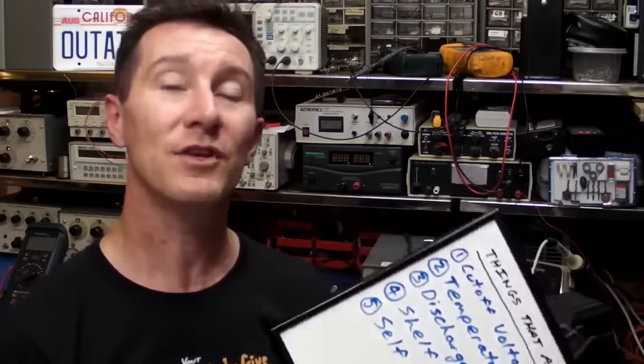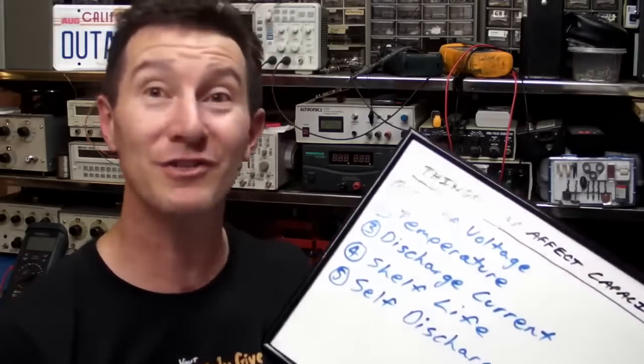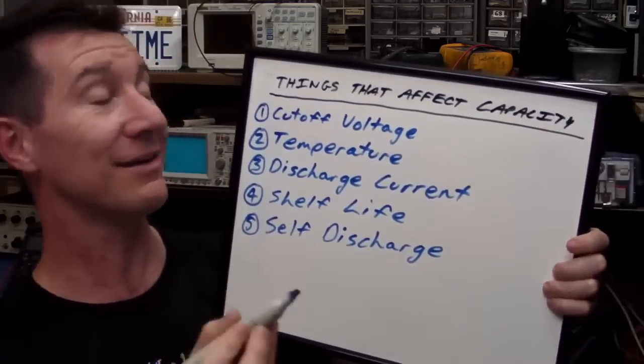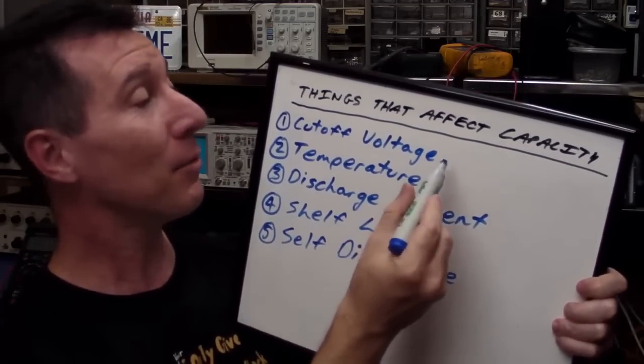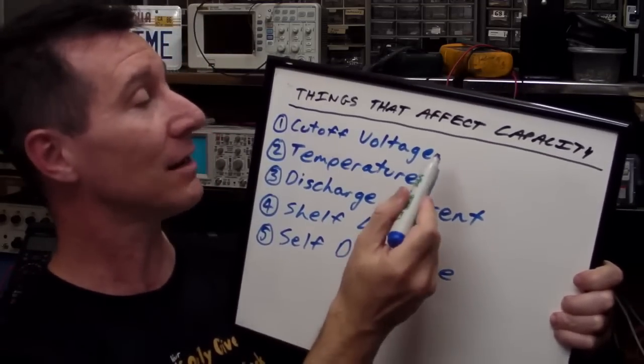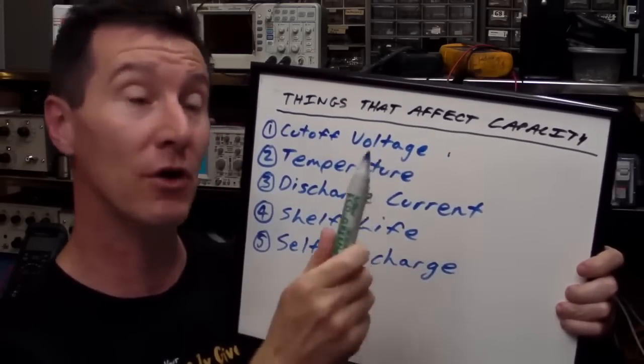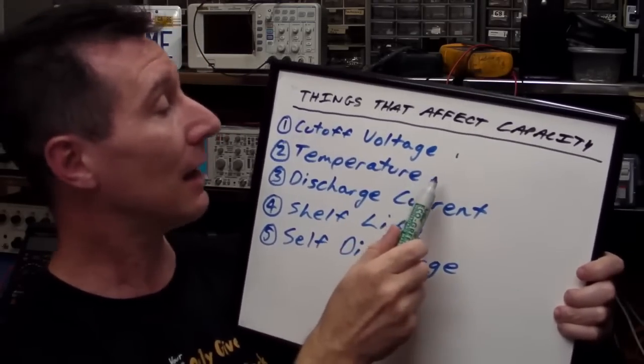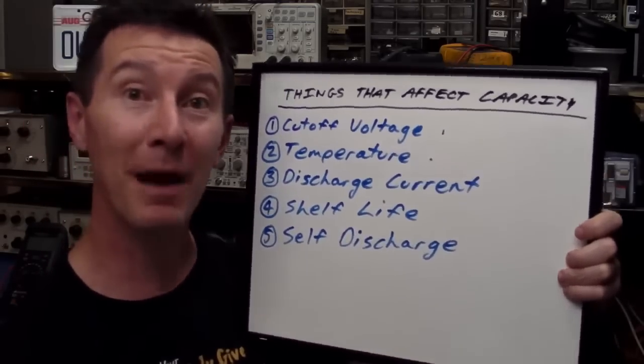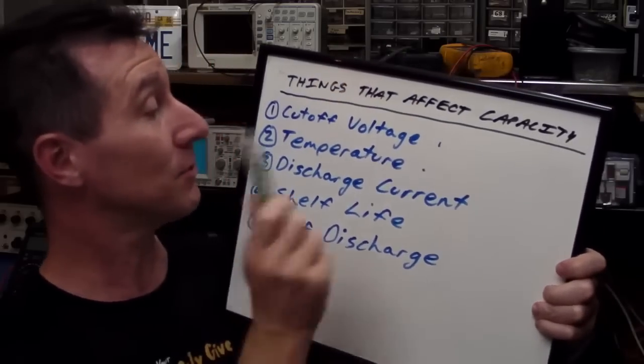So what sort of things can affect battery capacity? It turns out there's quite a lot of things that can actually affect it. We'll go through all these in detail later, but number one, the cutoff voltage that you choose to use in your circuit or the product you've got. Number two, the temperature of the battery, not just the ambient temperature, but we'll go into that.